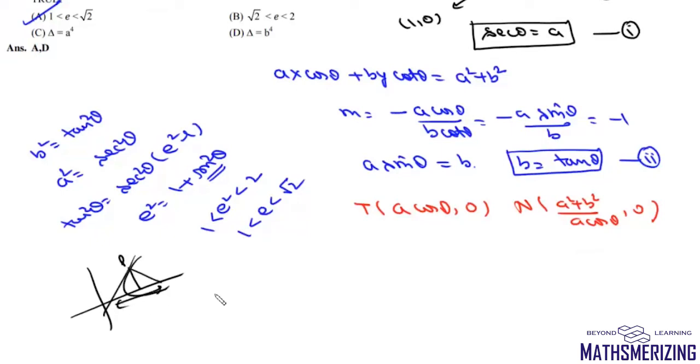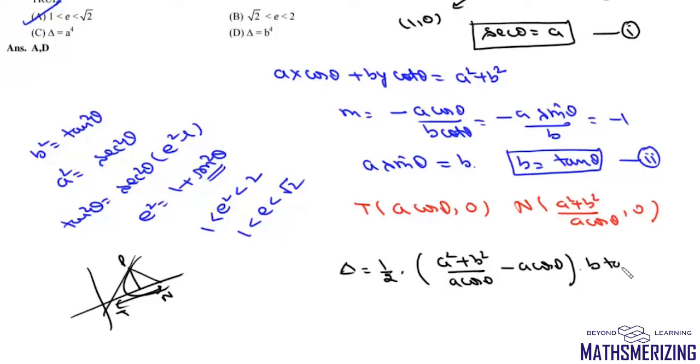Now the area of this triangle is half base times height. The base is TN, and TN is a squared plus b squared upon a cos theta minus a cos theta, into the y coordinate of P, and the y coordinate of P is b tan theta.